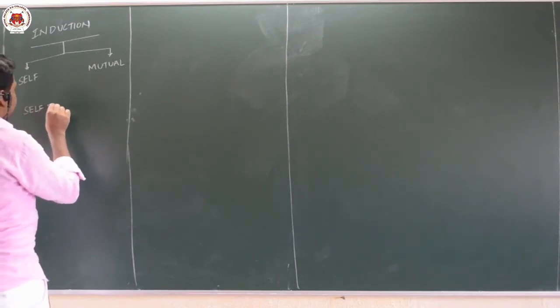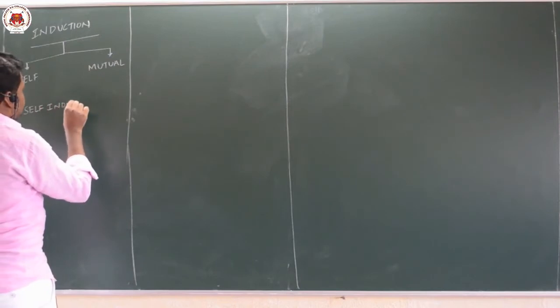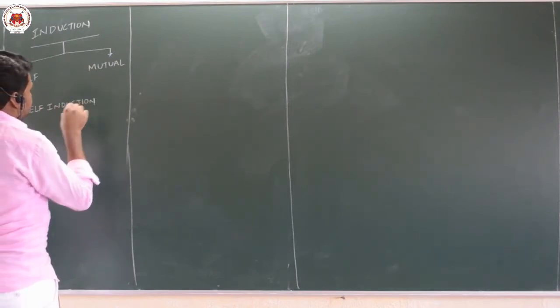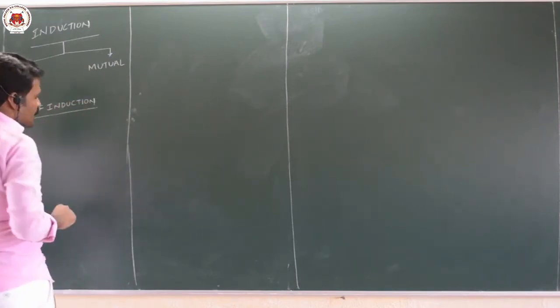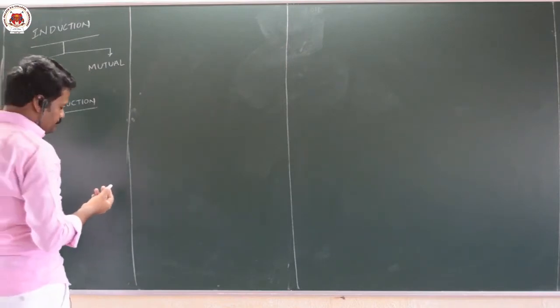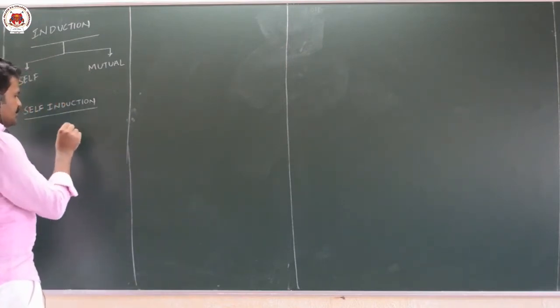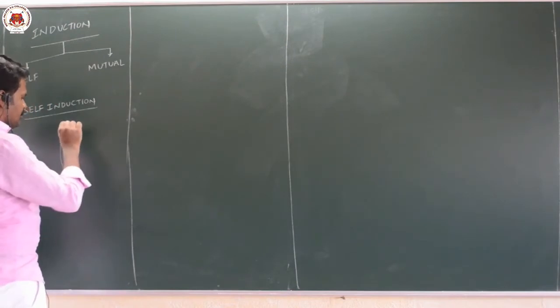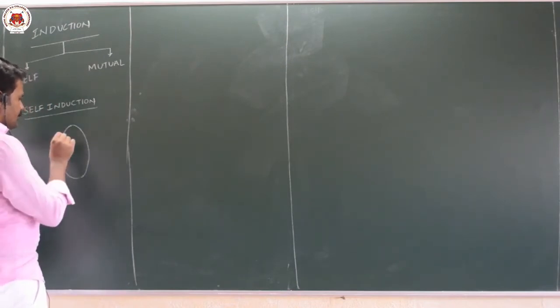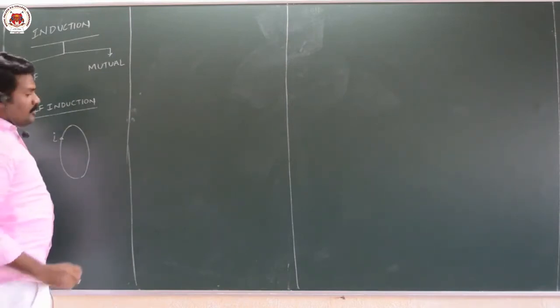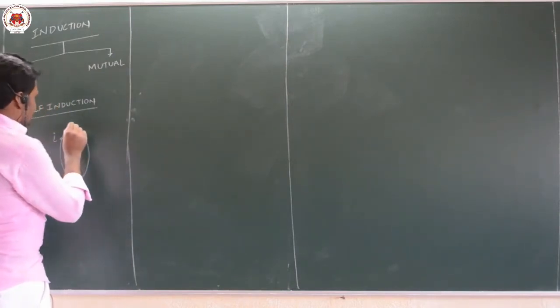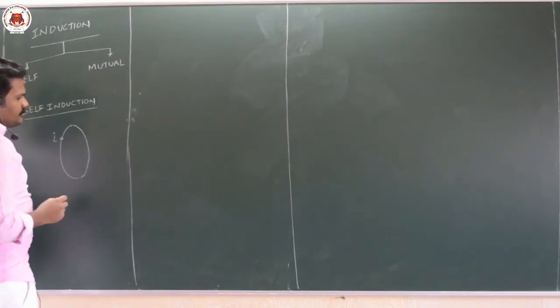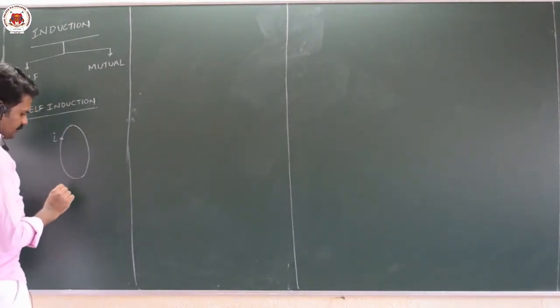Self-inductance, or self-induction. Let us consider there is a coil carrying current I. If there is a coil carrying current I, there will be a magnetic field.